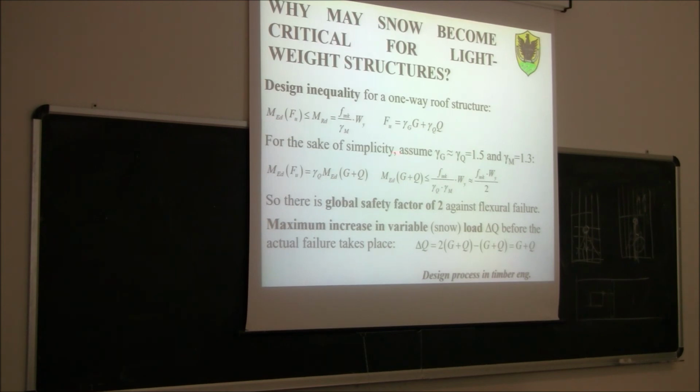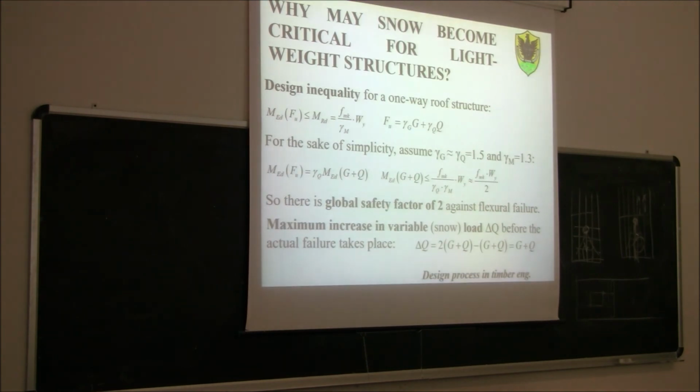Basically, if under a load G plus Q I have a safety coefficient of 2, I'm at a stress level which is half the actual value that leads to collapse. In order to get to the actual failure, I will have to double up G plus Q. Okay? If I double up G plus Q, so I get to 2 times G plus Q, then I will get the actual failure.